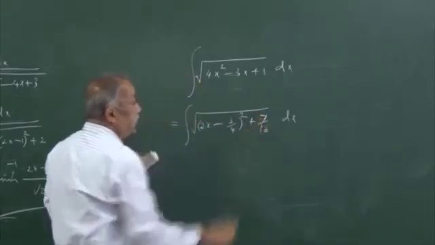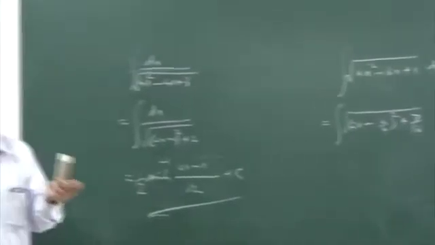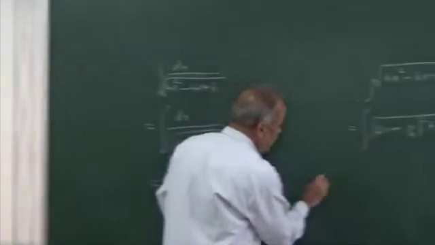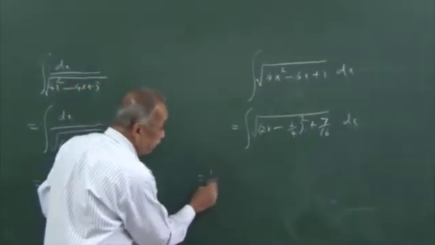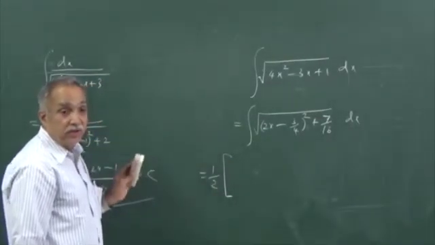The integrand is in the form root of x square plus a square, with the x replaced by a linear function. Applying the theorem, I get the integral. Let me first write 1 by a outside. This is that coefficient.